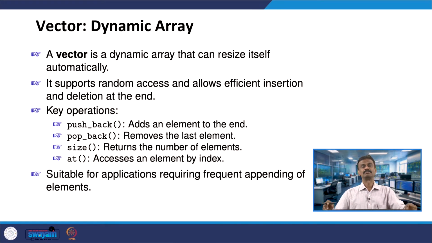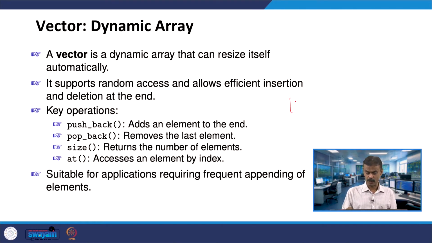It supports random access and allows efficient insertion and deletion at the end. The key operations are push_back, which adds an element to the end, and pop_back, which removes the last element.